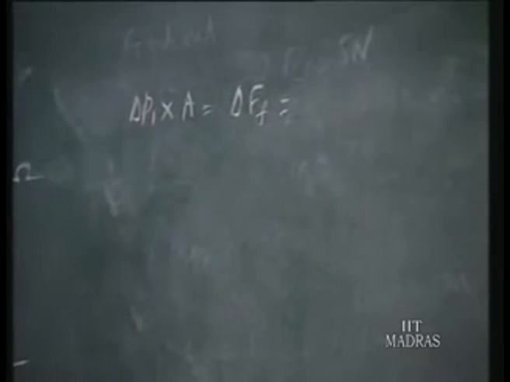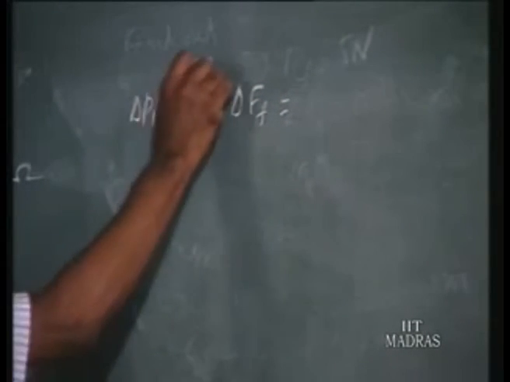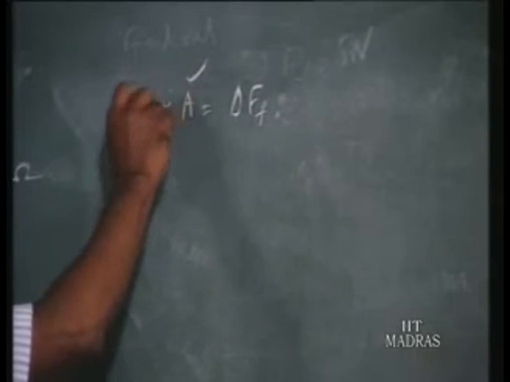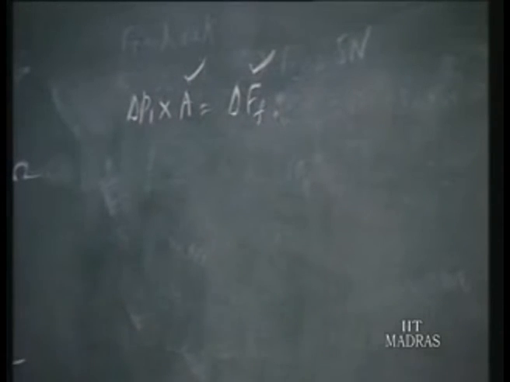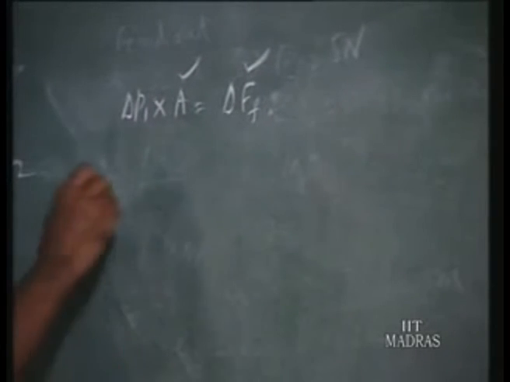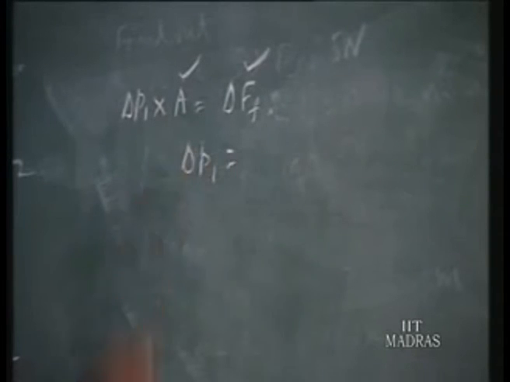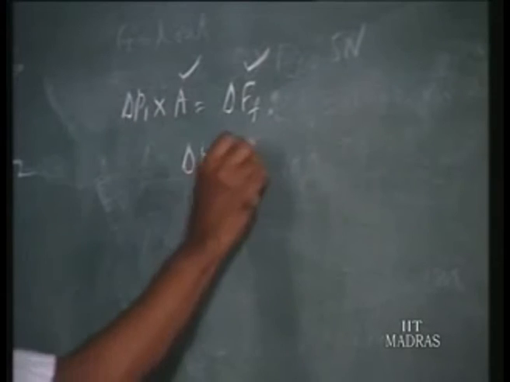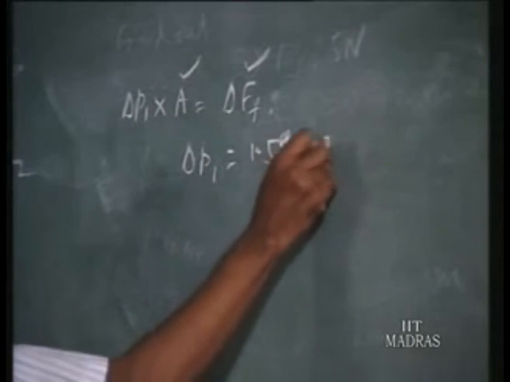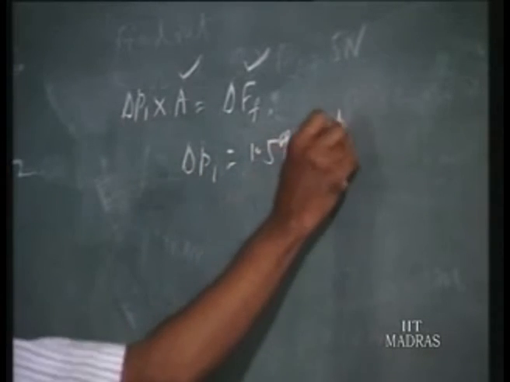Now the area is found out, and delta F is given as 5 Newton, that is the friction force. So delta P1, if you find it using the given values, is equal to 1.59 into 10 to the power of 4 Pascal.